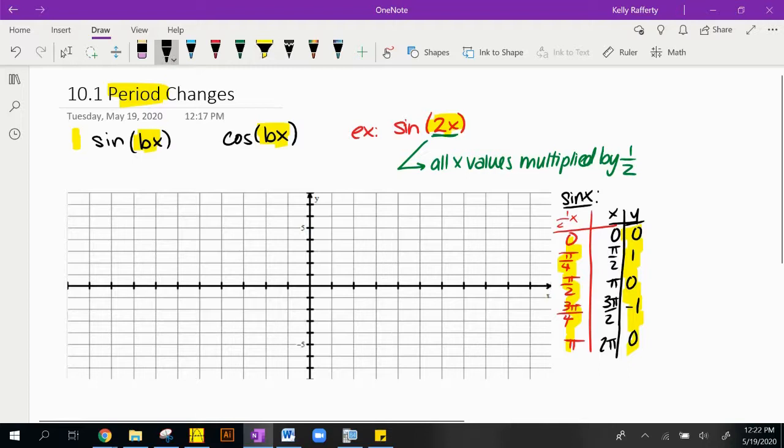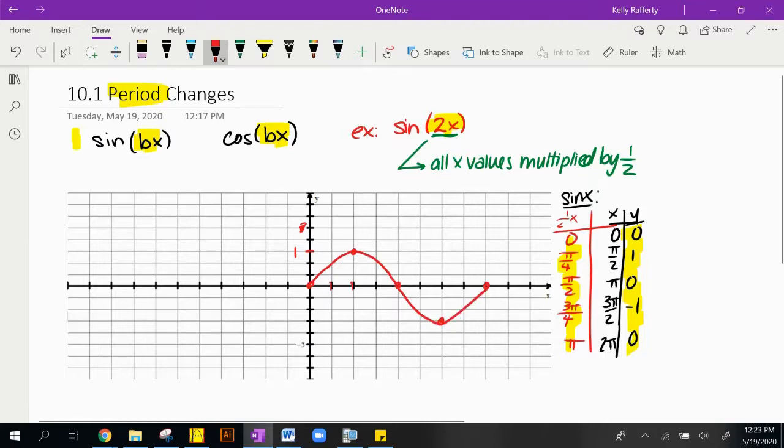Or sometimes what I like to do is just go to the graph and actually graph the original sine function. I'm going to change our scale on here. I'm going to put 1 right here. So sine normally looks like this. So every 2 dashes on the graph, I'm going to put one of our key points.